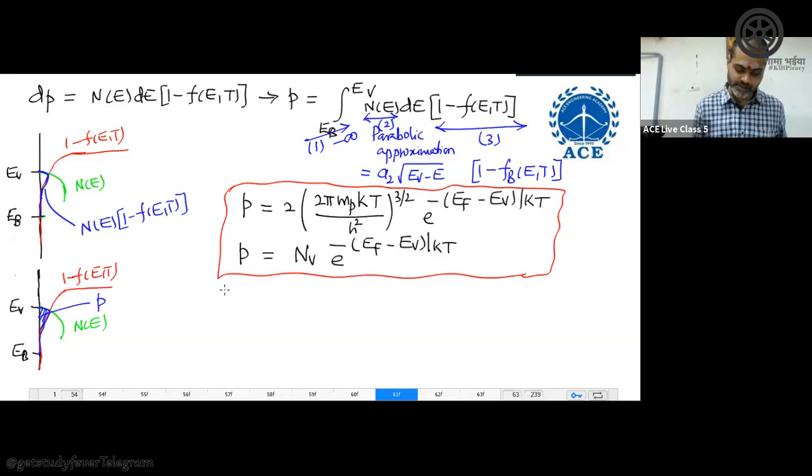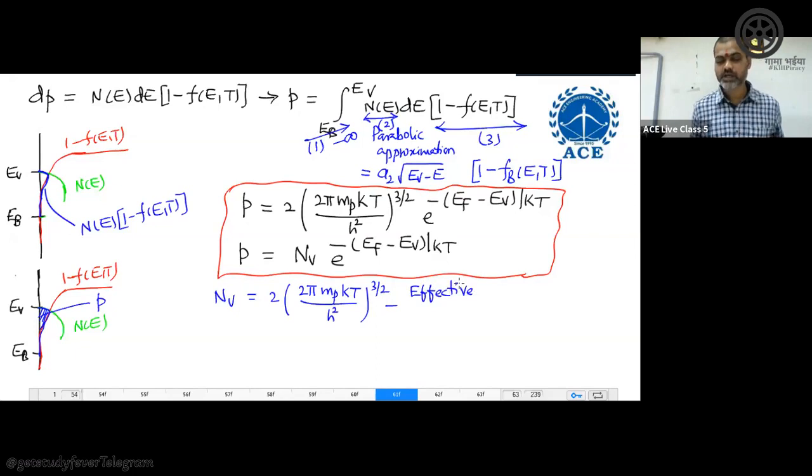Let me write NV is equal to 2 times (2 pi MP KT divided by h square) whole power 3 by 2. It is called as effective. Again, please, the terminology that we are using, you must understand. Okay, so effective density of states.